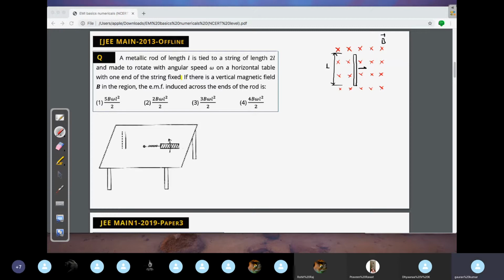We have seen that if we move this rod with a velocity V, we can do V cross B. With your thumb it will point this side, but due to negative charge, this end will become negative and this end will become positive. Then you will get a motional EMF.